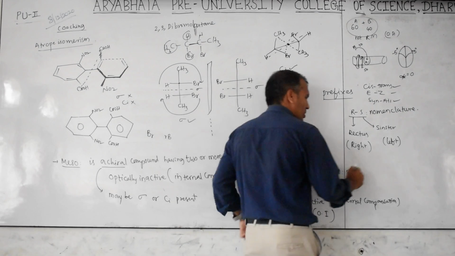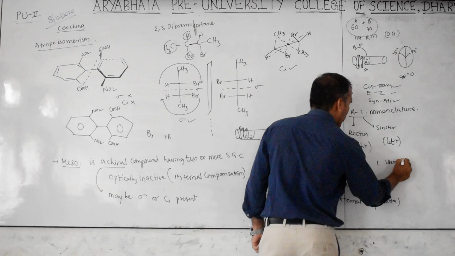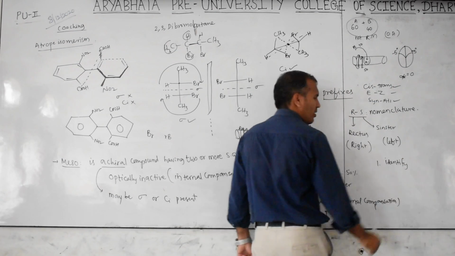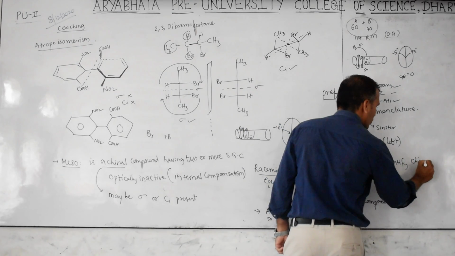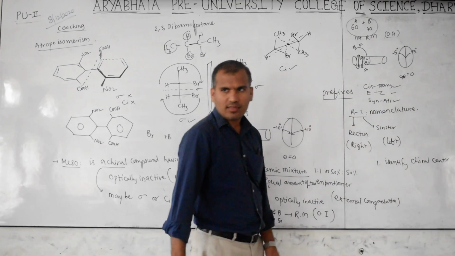Now, in RS nomenclature, the first rule is to identify or find the chiral center.